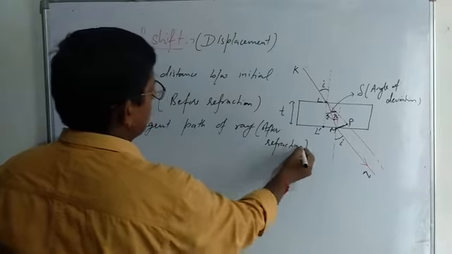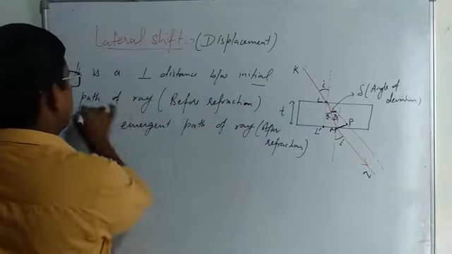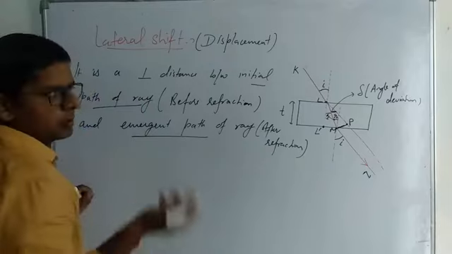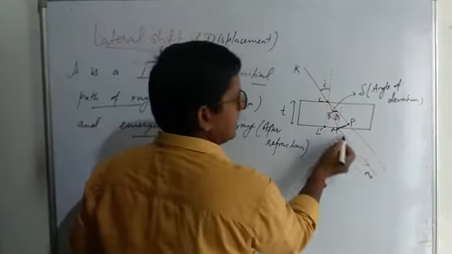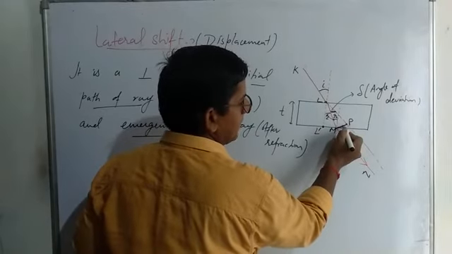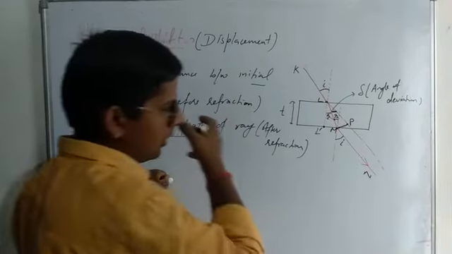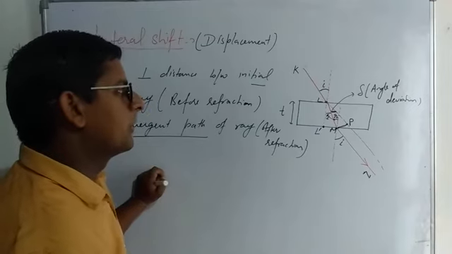So that is the perpendicular distance between initial path and emergent path. So easily you can define it. It is the perpendicular distance between emergent path and initial path, that is MP. So how can we find the mathematical formula for MP?